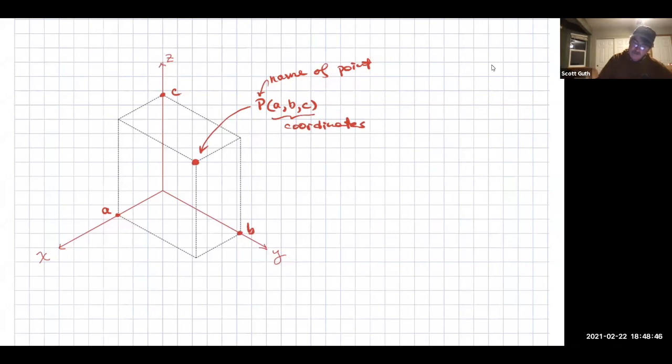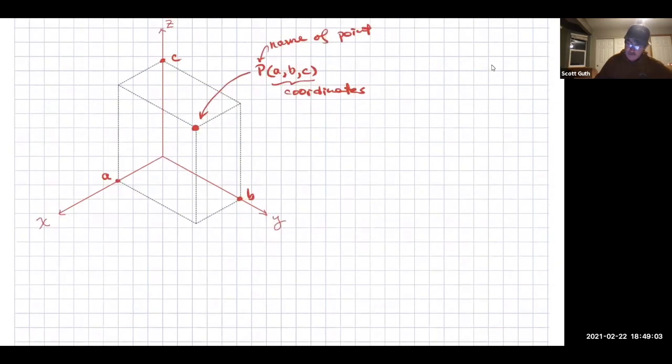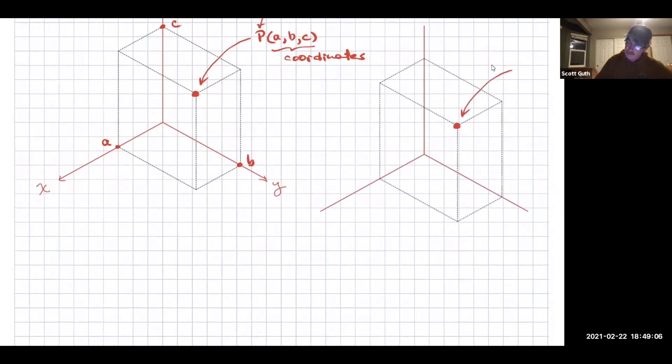I want to very quickly make sure we all agree that this object has a name, and they use the name enough that you want to know it. It'd be great if you knew what I meant when I used it. So let me make an image of this real quick over here.